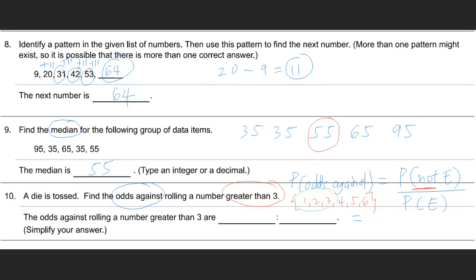So our answer here would be 3 over 6, over our probability in favor of the occurrence of the event, which is the number greater than 3. That would be the 4, 5, and 6, and if you count, that's 3 items there.